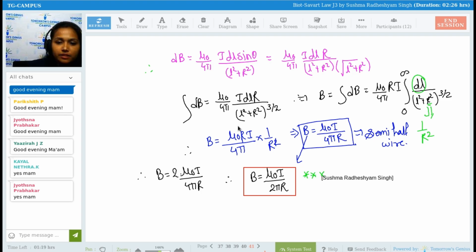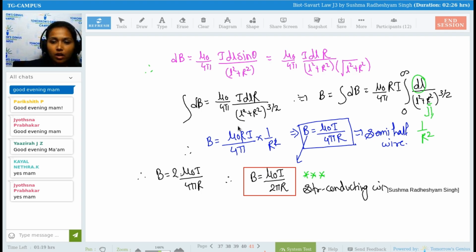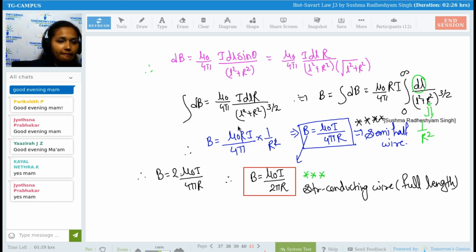This formula is for a straight conducting wire of full length, and the earlier one is for the semi-infinite wire. Clear these two formulas? They are very important. With the help of these two formulas, we find different types of structures. Clear? We move further.